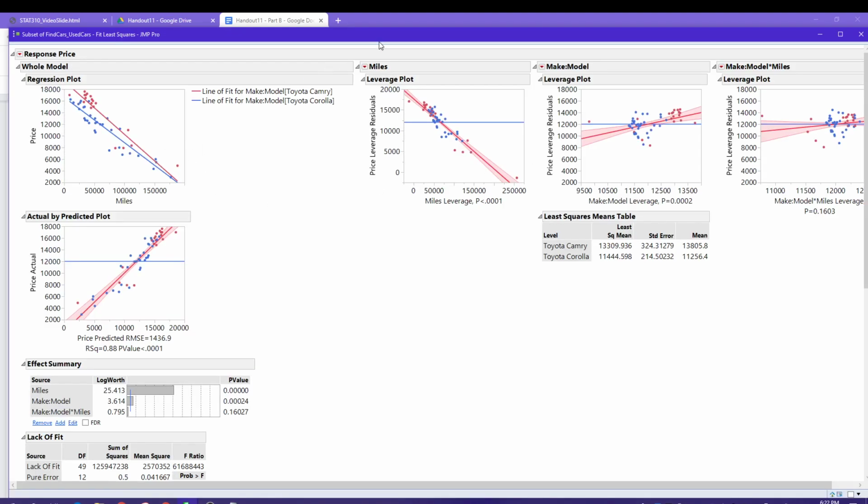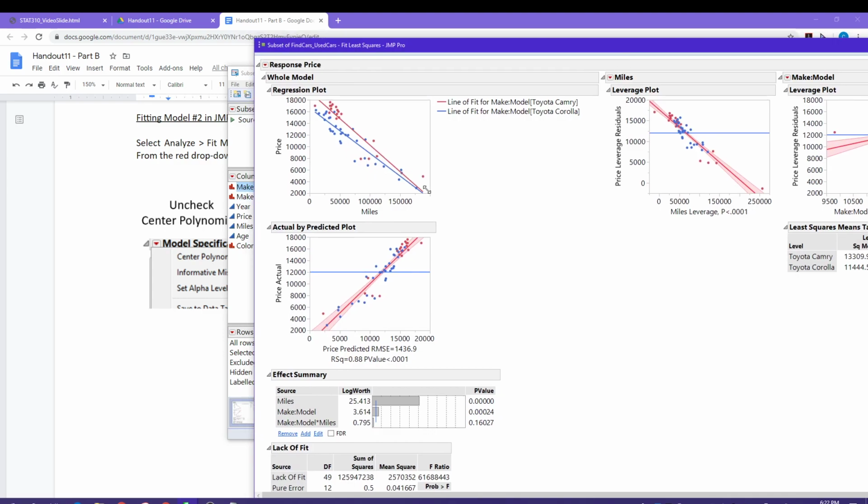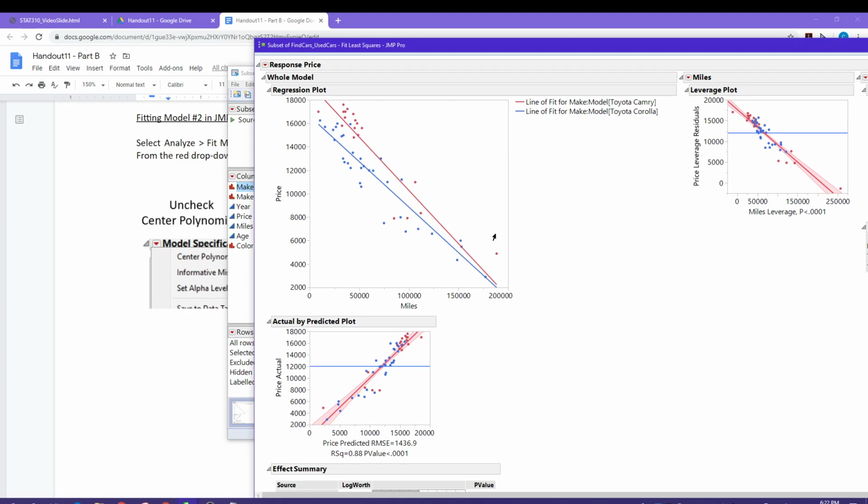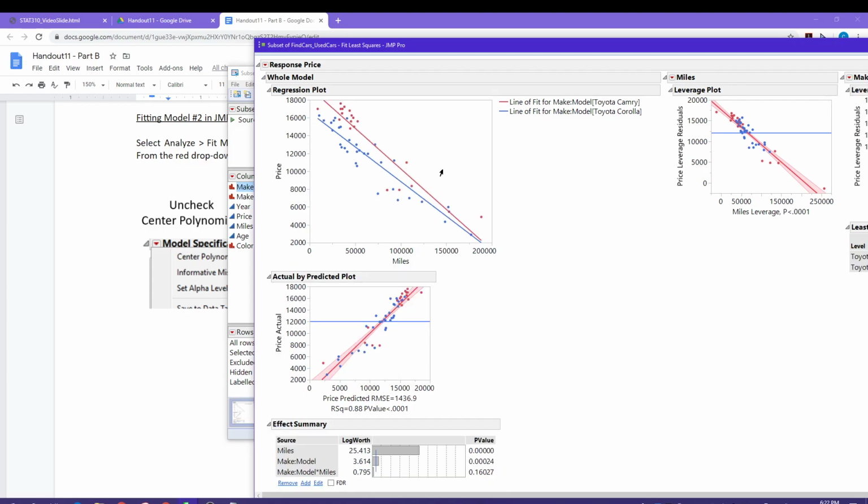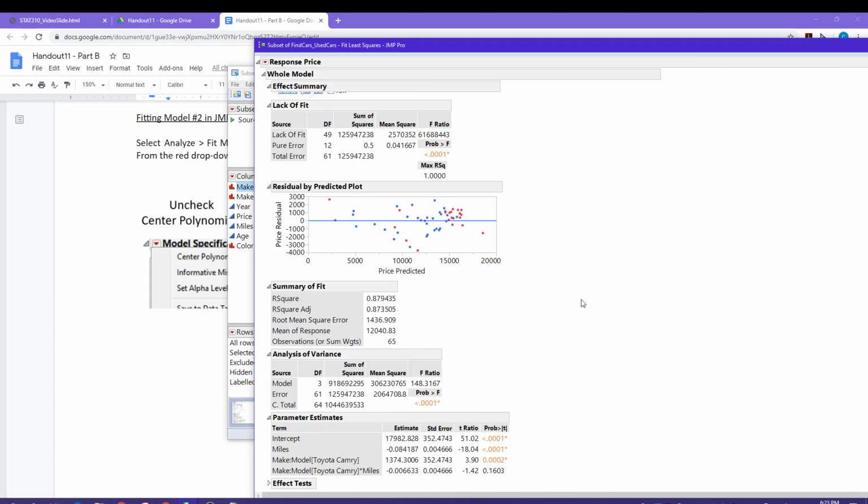And now from my regression output, you can see here that I have slopes that are not parallel to one another. At least for the data that I have, they don't seem parallel to one another. They get closer together as the miles increase. Excuse me. The summary of fit, analysis of variance, and parameter estimate output is again down here on the bottom.